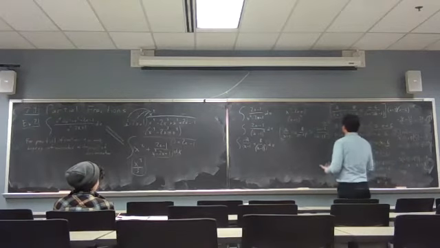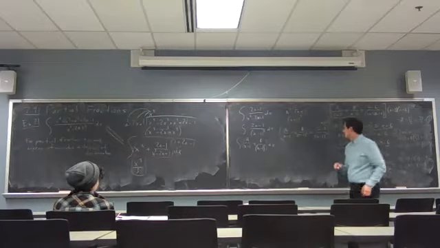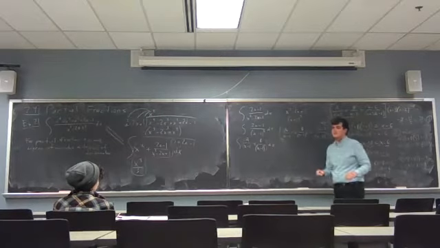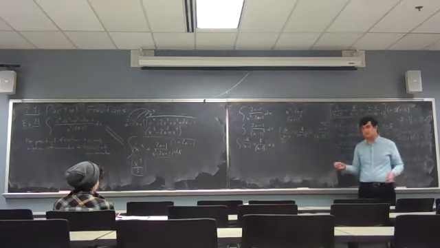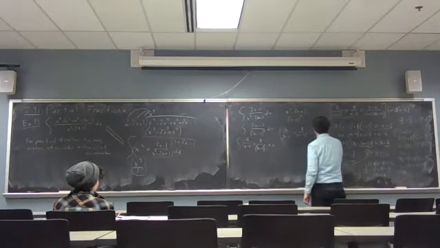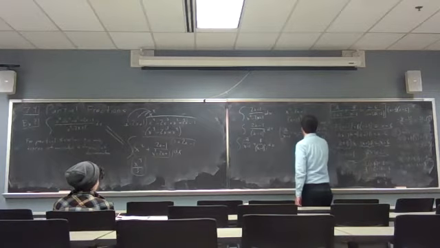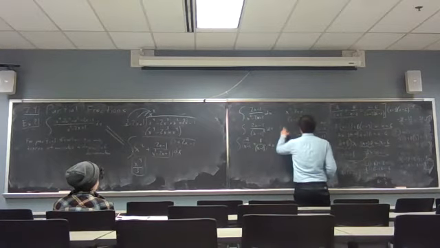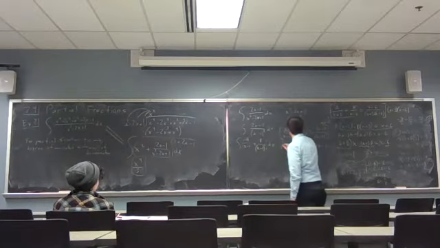If I just multiply this by x minus 1 squared, that'll cancel everything I need. It doesn't make it more complicated than it needs to be. So x minus 1 squared over x minus 1 squared just gives me 2x minus 1. x minus 1 squared over x minus 1 squared again is just B. And A over x minus 1 times x minus 1 squared is A times x minus 1.